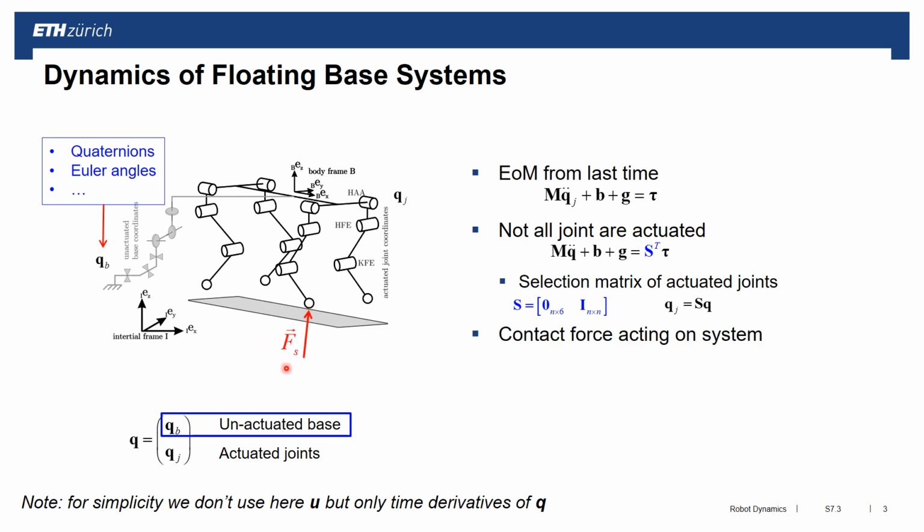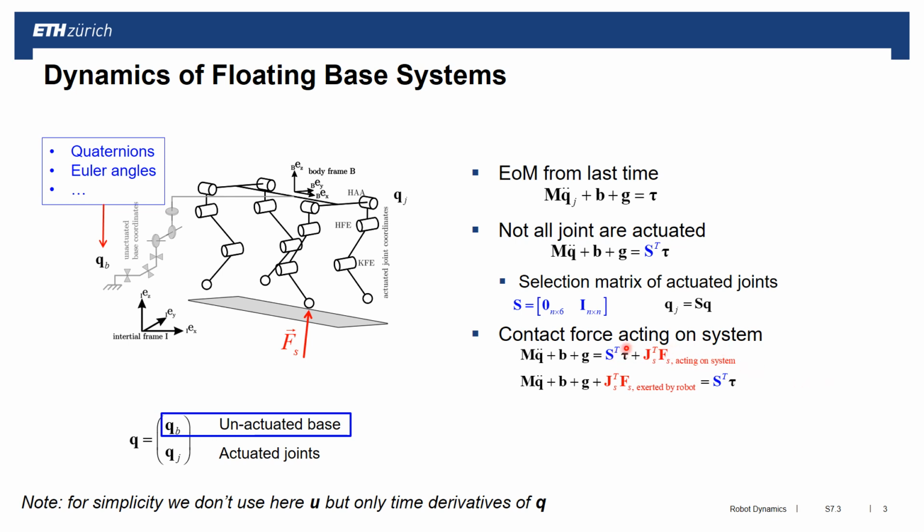Then we have contact forces that are acting on my system, and these contact forces are added through a contact Jacobian. Now there are two ways of how you see this in the literature. Either people write it on the right-hand side, like the taus, then this F is essentially the forces acting on our system.